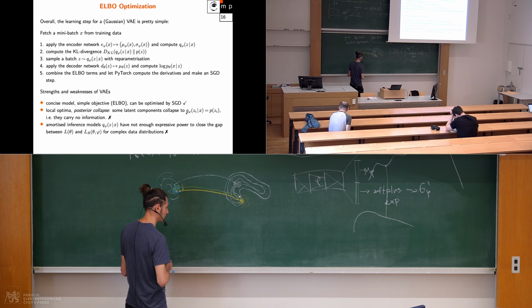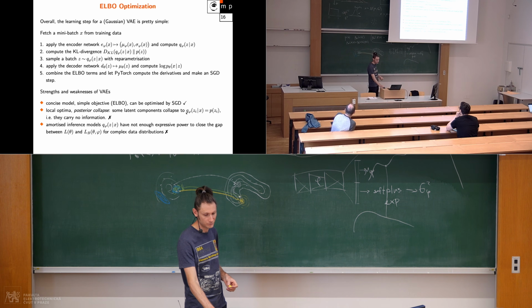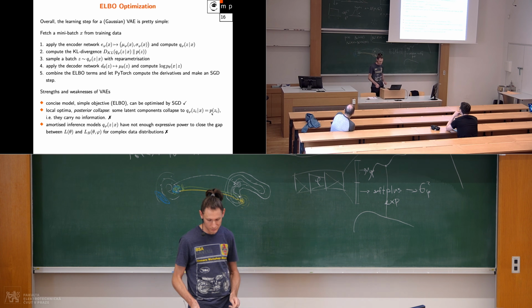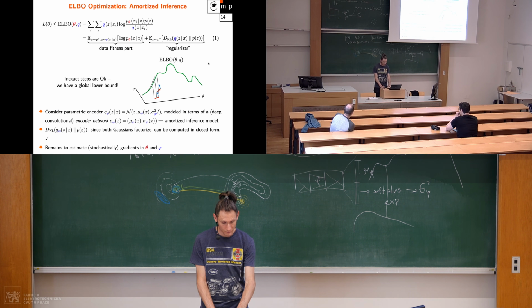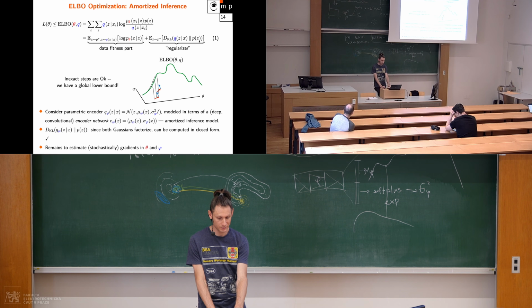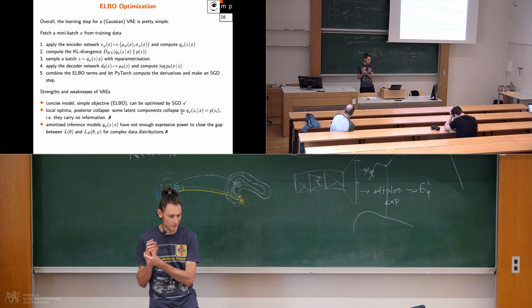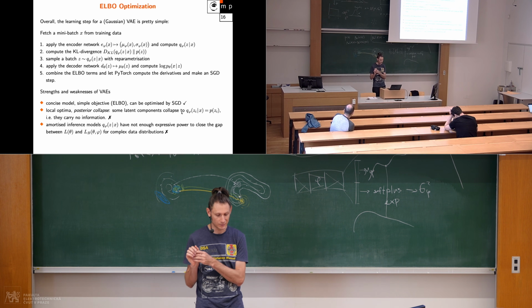And sometimes it turns out that some of these Gaussians match exactly the prior distribution. We see here this regularizer that attracts the encoder to the prior, and for some of the dimensions it is perfectly matching the prior, so it is over-optimizing this regularizer.